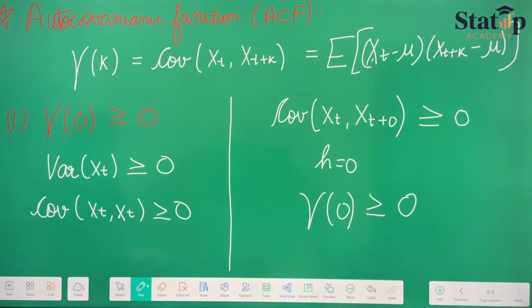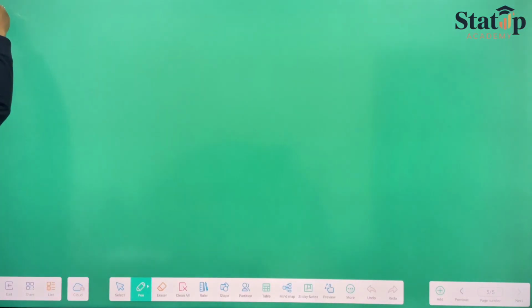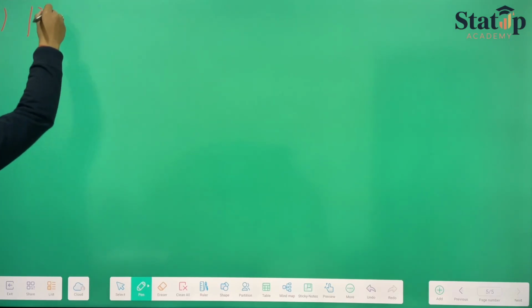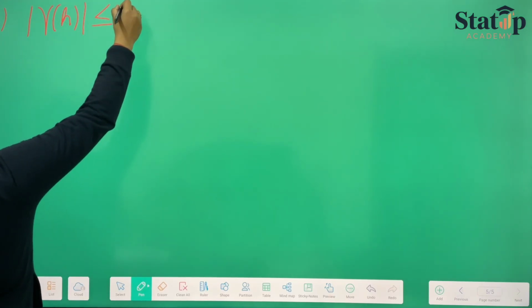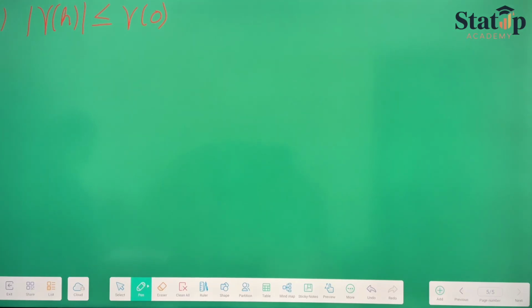Now the second property is autocovariance of any lag h modulus is always less than autocovariance of 0.